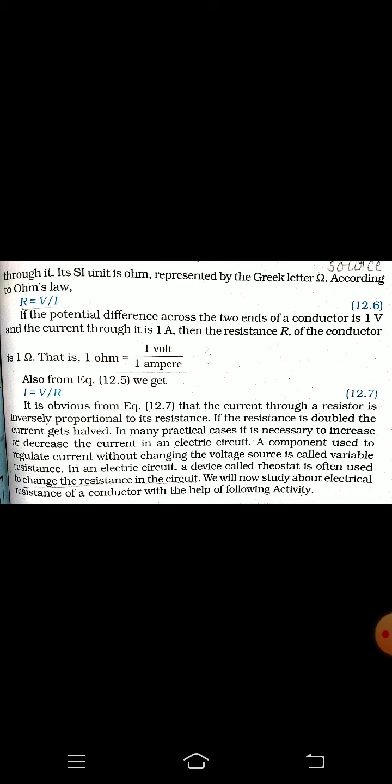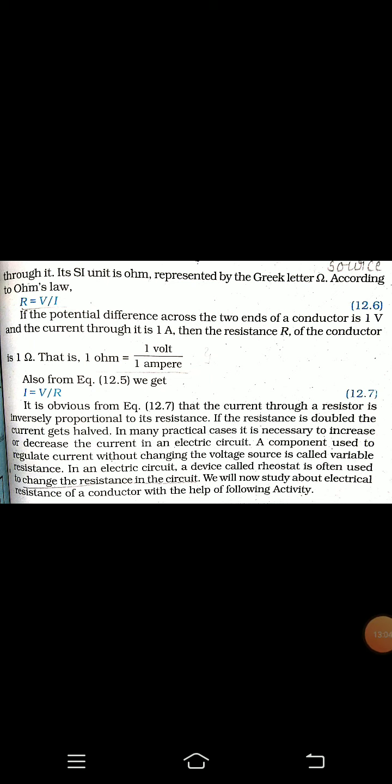To regulate current means to increase or decrease it without changing its voltage source. So without disturbing any voltage source, we can increase or decrease the current. For that, a component called variable resistance is used. In an electric circuit, a device called a rheostat is often used to change the resistance in the circuit.